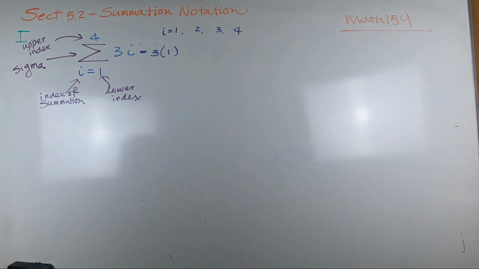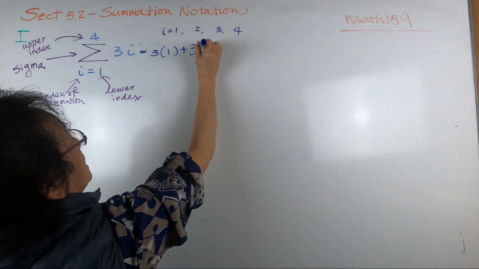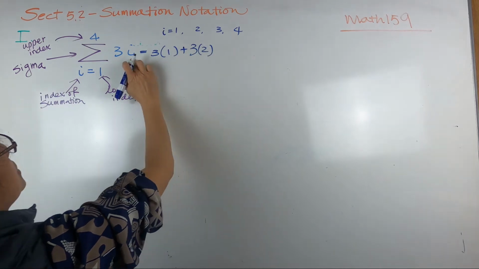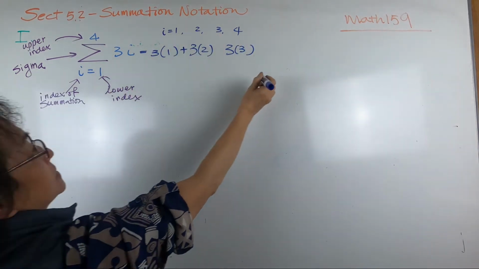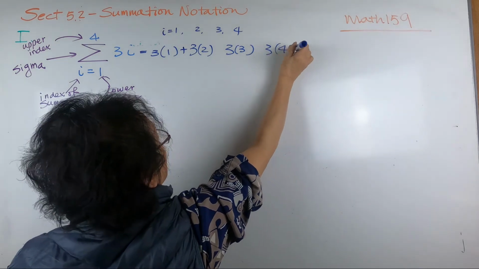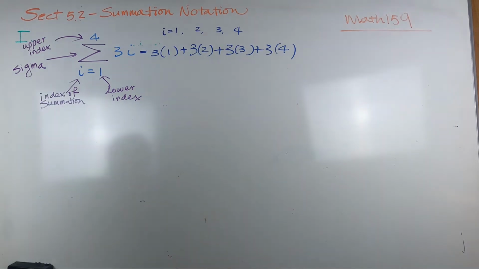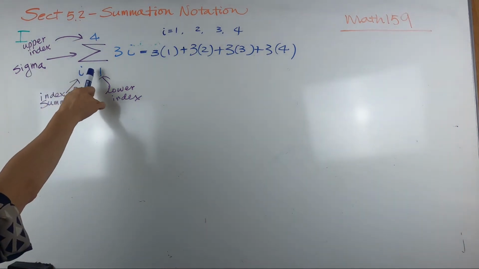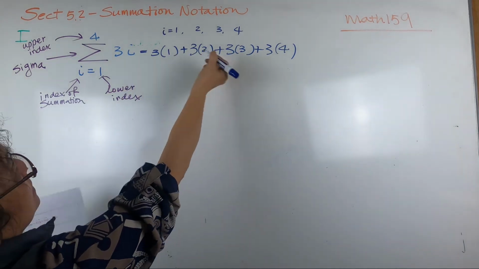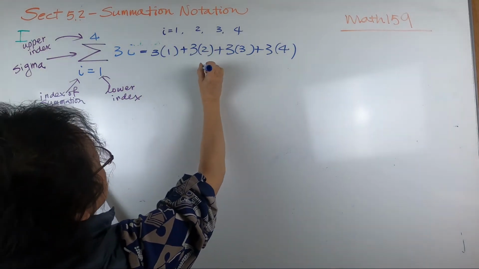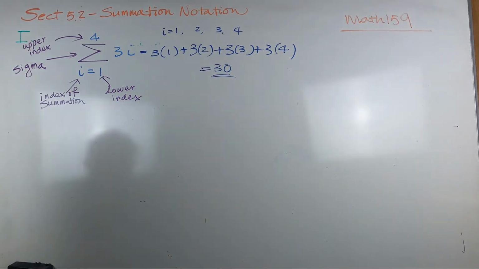When i is 2, 3 times 2. When i is 3, 3 times 3. When i is 4, 3 times 4. The summation notation means find the sum. Then you add them: 3 plus 6, all that. Then you get 30. That would be your answer.